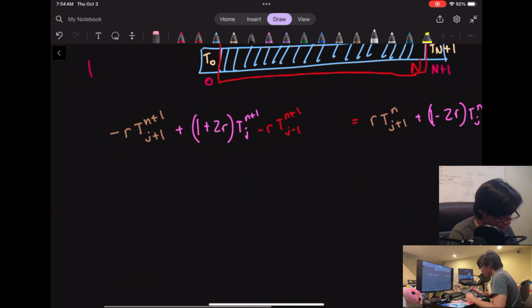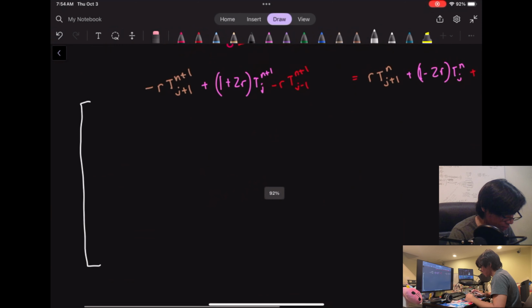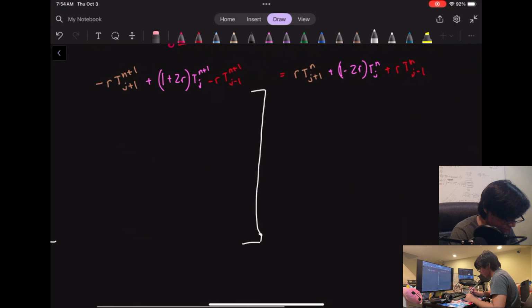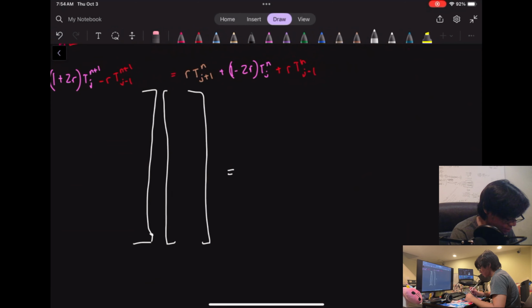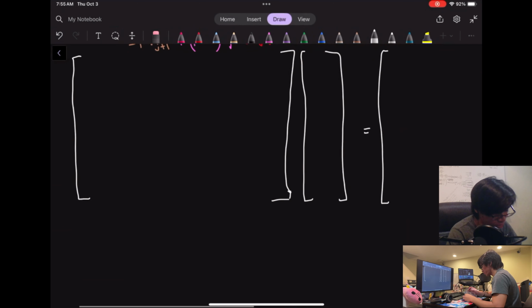But let's focus on actually writing down our matrix. So it's something like that. I'd make this as big as we can. Then we have our temperatures. And then this is equal to our right-hand side, which will be the same dimensions as, well, we're doing a dot product.